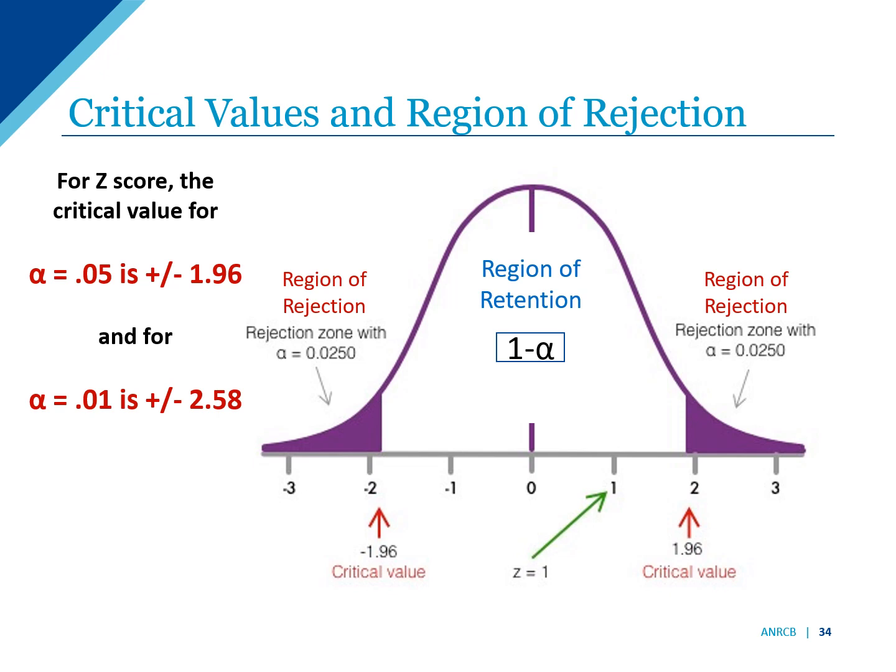This is a two-tailed test, so the 0.05 of alpha is split in half to give us two regions of rejection, each with a probability of 0.025. For the z-score, the critical value for alpha equal to 0.05 is plus or minus 1.96, as indicated by the purple shaded regions. And for alpha of 0.01, it's plus or minus 2.58.